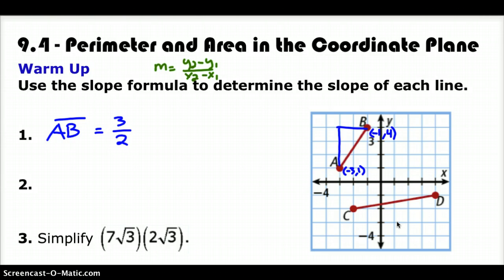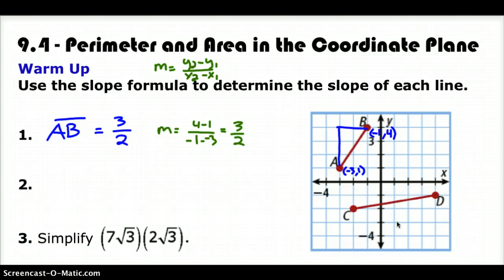I better go through that here too, just so we're comfortable with this. So our slope is going to be equal to y2 minus y1. Let's just do B to A. So I'll do 4 minus 1, and that will be all over x2 minus x1, which will be -1 minus -3. That will obviously give us again 3 over 2, which is our slope of AB.